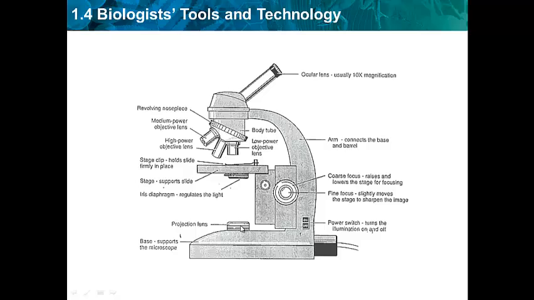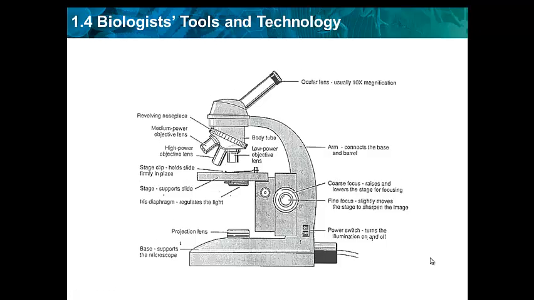We'll have a power switch and a cord to plug in, and most importantly, we have these 2 knobs on the side. The larger knob is the coarse focus knob, which raises the stage up or down and is used for focusing. And then beside it, there will be a smaller knob that moves just slightly and provides the clarity of the image.